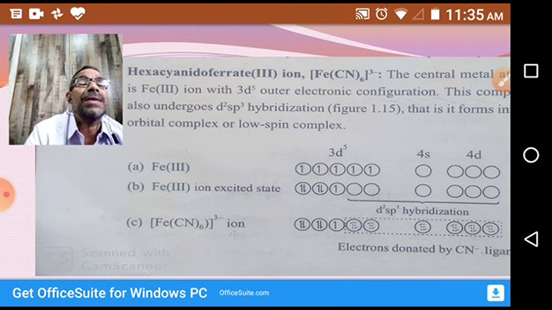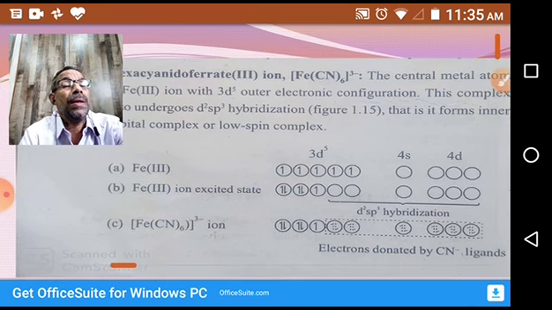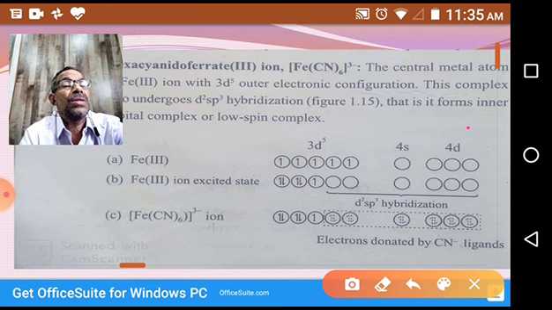So for this complex, the central metal ion is iron. Iron in the zero state has atomic number 26. In zero state, it has 3d6, 4s2 and 4p0. This is not 4d, it's 4p.